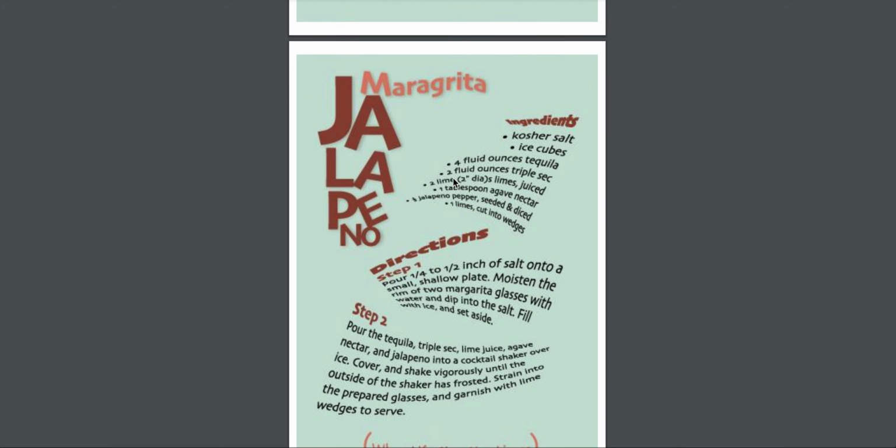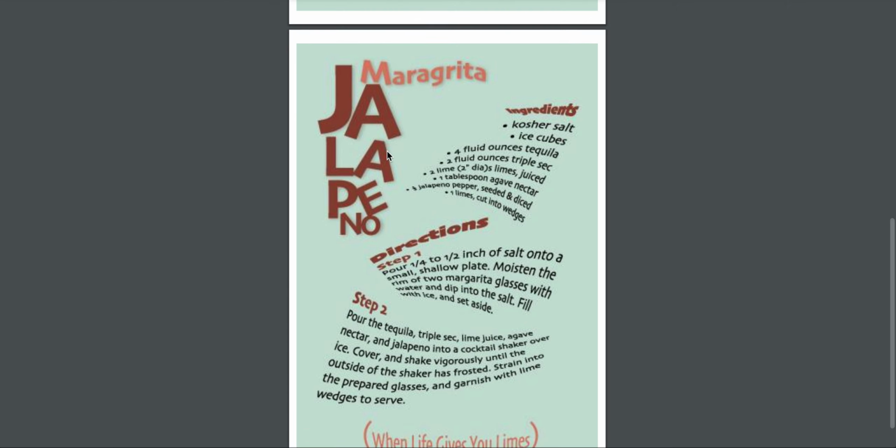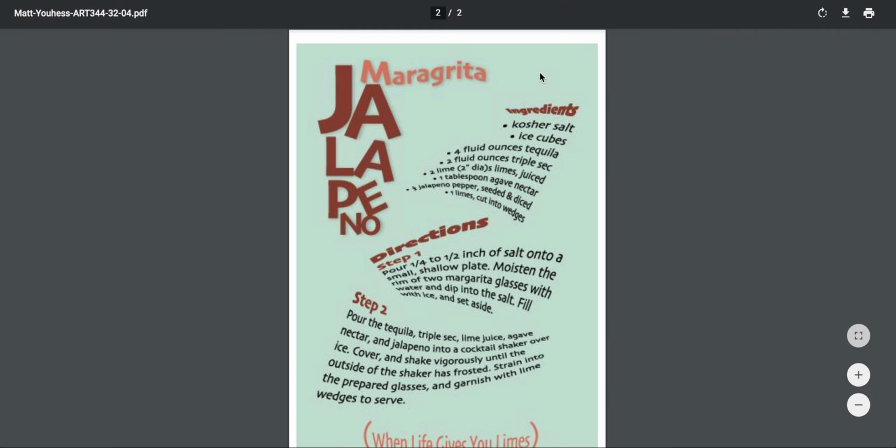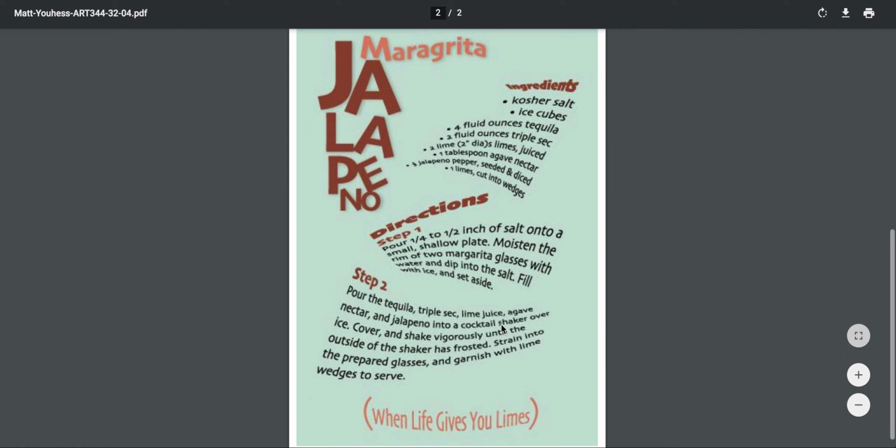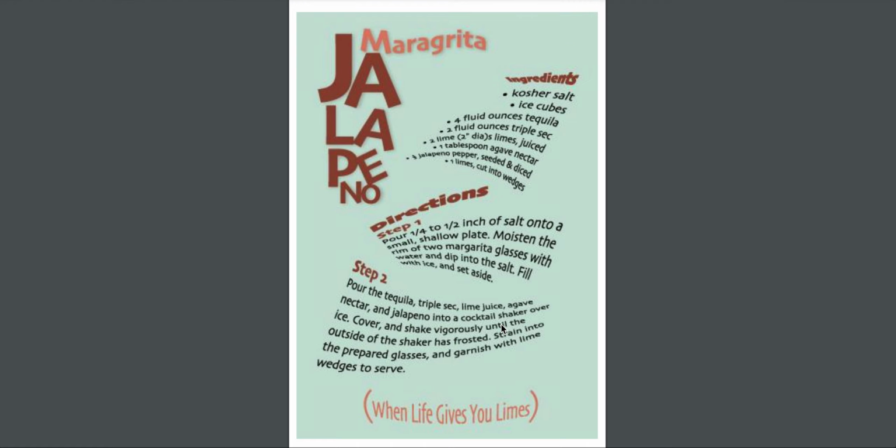Now that you're working with those moves right here, it would be nice to see what the title would look like in this effect. So if you have something going like this, what about if Margarita Jalapeno went the other direction? So you have this like mixing going on with your whole recipe. So that way you're using the same effect throughout your whole layout.